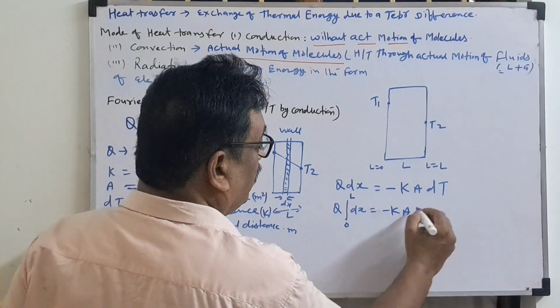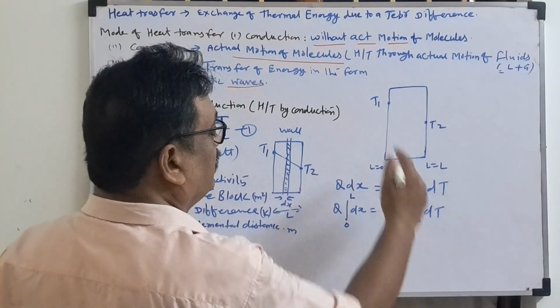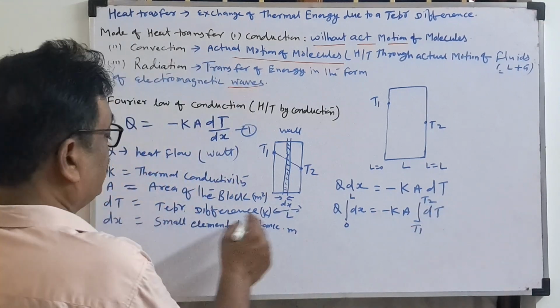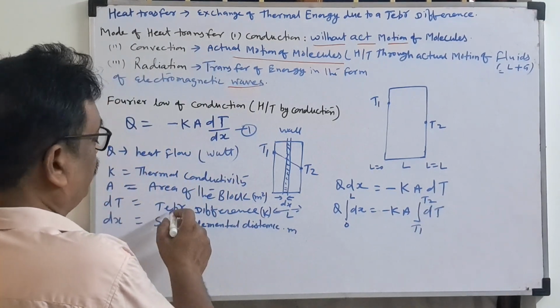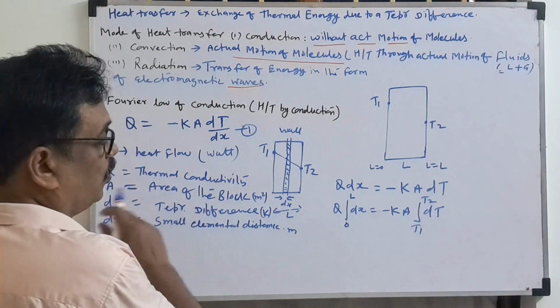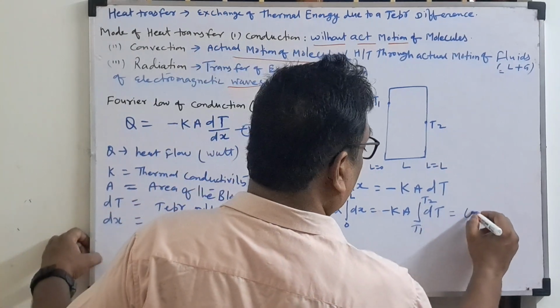Minus Ka dT. Now what is dT? Change in temperature. So dT is nothing but the change in temperature, final temperature minus initial temperature, so this will be T2 minus T1. Now if we integrate this, what will come?